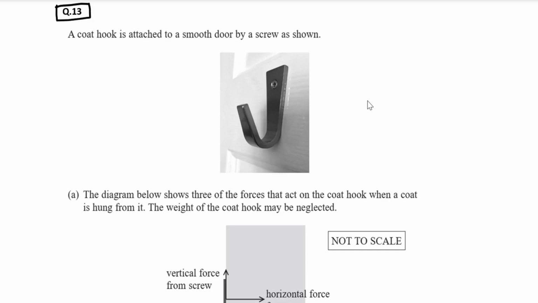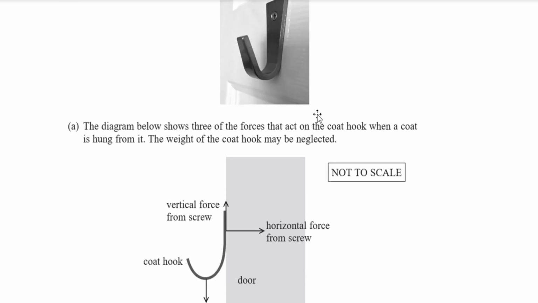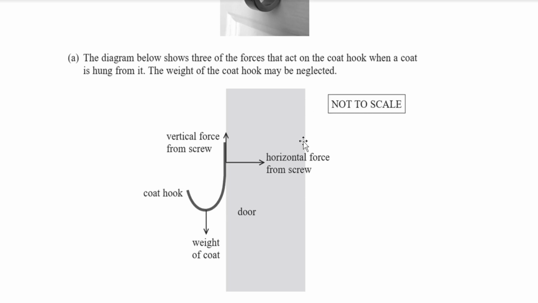The diagram below shows three of the forces that act on the coat hook when the coat is hanging from it. So, upward vertical force from the screw, horizontal force from the screw, and downwards weight of the coat.